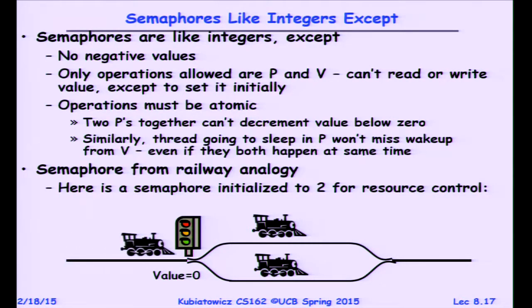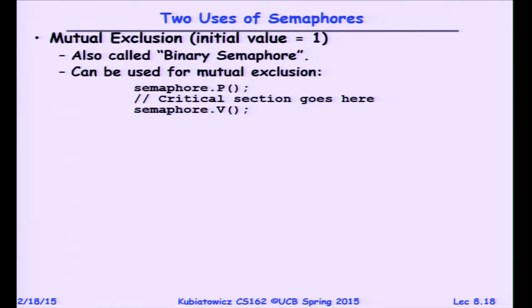Now, here's a good example of 2 definite, very different uses. One is mutual exclusion, which is often the word mutex, you've probably seen that, or a binary semaphore. What I do there is I set it to 1.